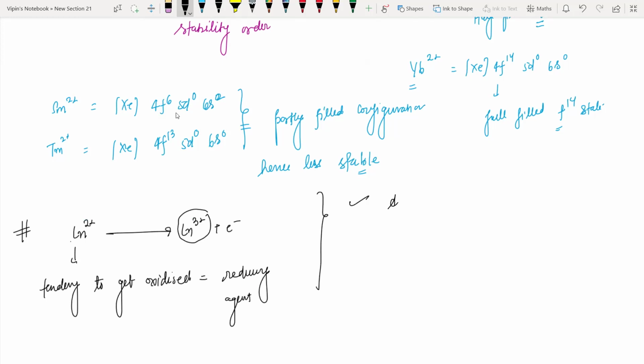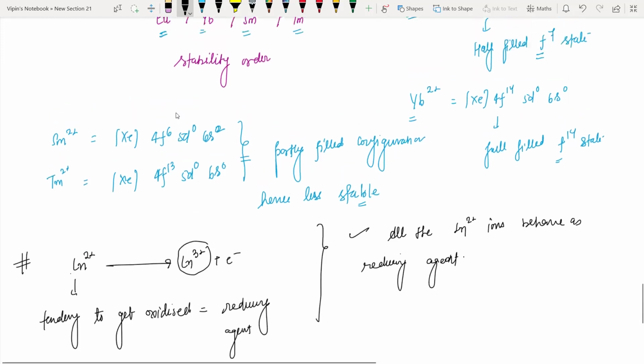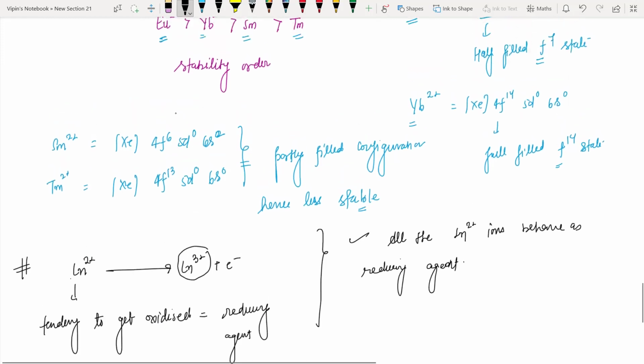What does it mean? It means all the Ln2+ ions behave as reducing agents. What will be the order of reducing power? Listen, the lanthanide which has the least tendency to convert into the +3 oxidation state has the least reducing power.